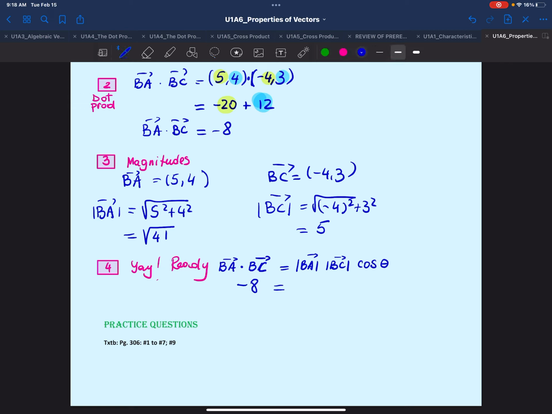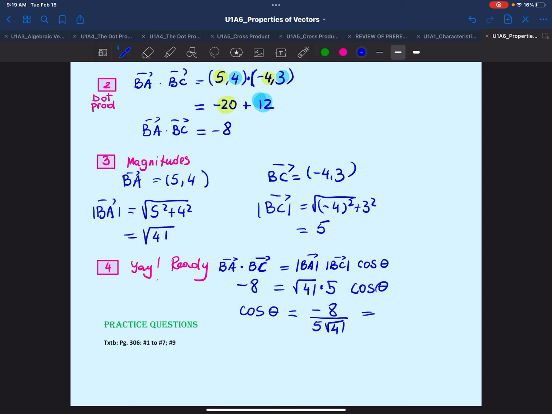BA in magnitude is root 41. BC's magnitude is 5, and cos theta is unknown. So we'll say cos theta is equal to negative 8 divided by 5 root 41. So you're isolating, and that would equal, let's calculate this.